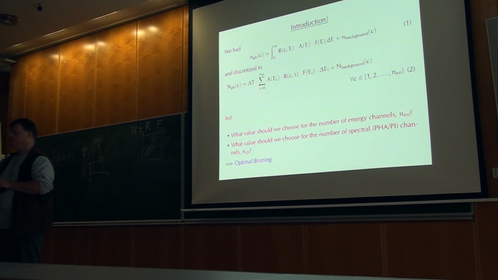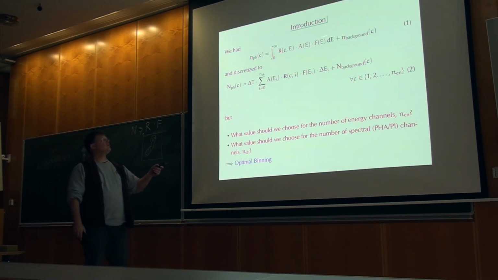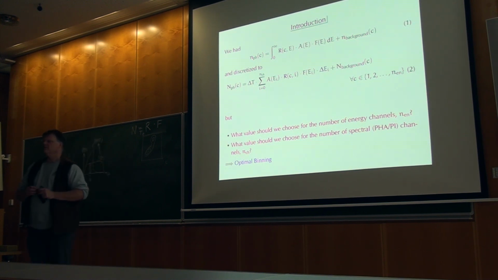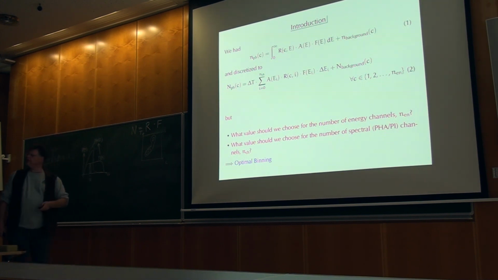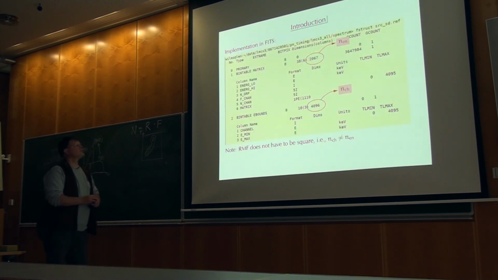Now that was kind of the rule of thumb, and that's, for example, how XMM was built. The same was true for the number of energies, you should probably be a bit better than the resolution of the instrument as well, and let's perhaps go a little bit higher, a factor 5 to 10. Okay? And both of these statements really are not that well founded in statistics.